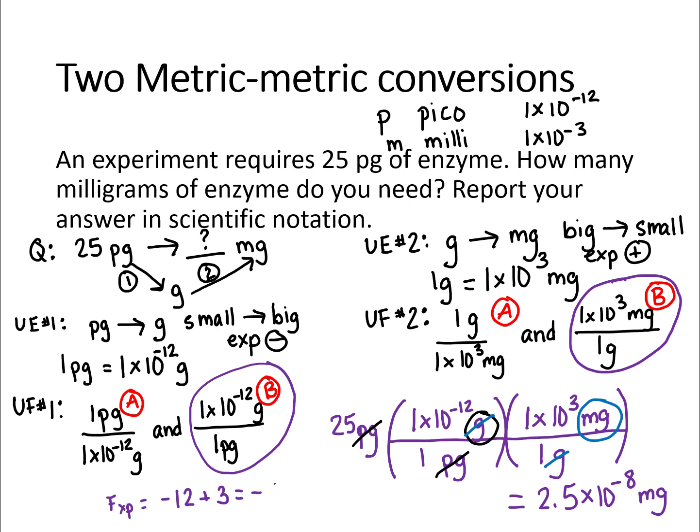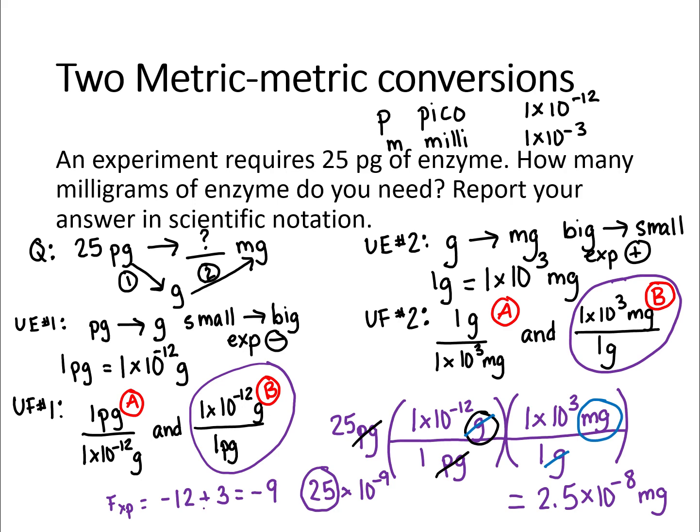So that gives you negative 9. If you add in your number, 25 times 10 to the minus 9, well, yeah, that's a number, but it's not scientific notation. Why? Because 25 does not fall between 1 and 10.